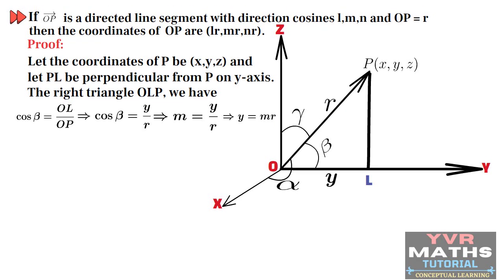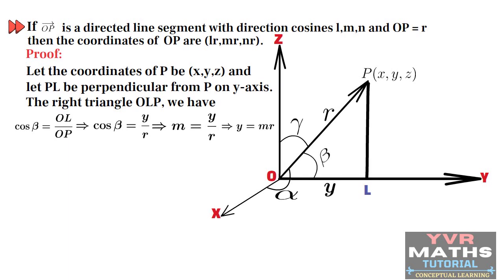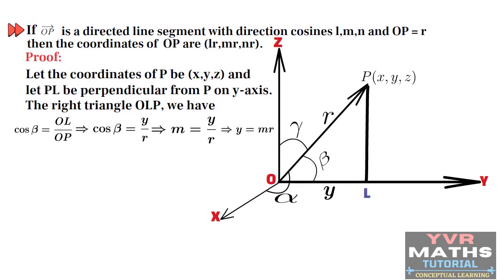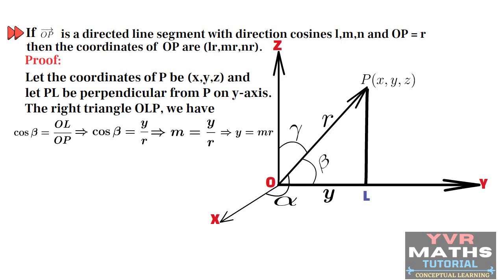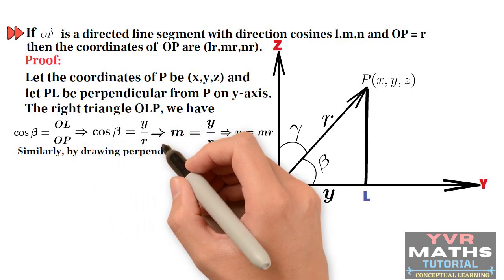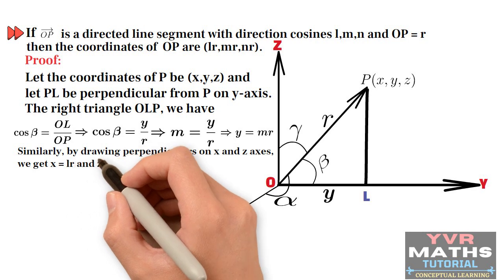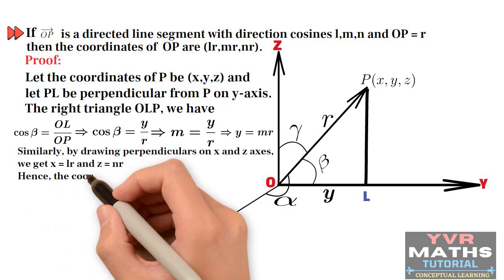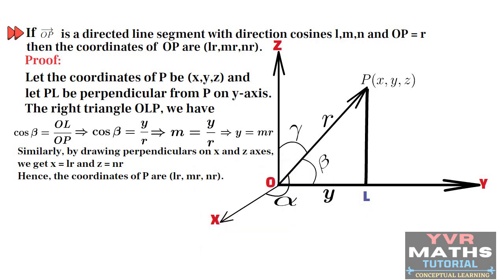Similarly, if we draw a perpendicular from point P onto the z-axis and onto the x-axis, we will get the remaining x and z values. So similarly, by drawing the perpendiculars on x and z-axis, we get x is equal to lr and z is equal to nr. Hence, the coordinates of P are lr, mr, nr.